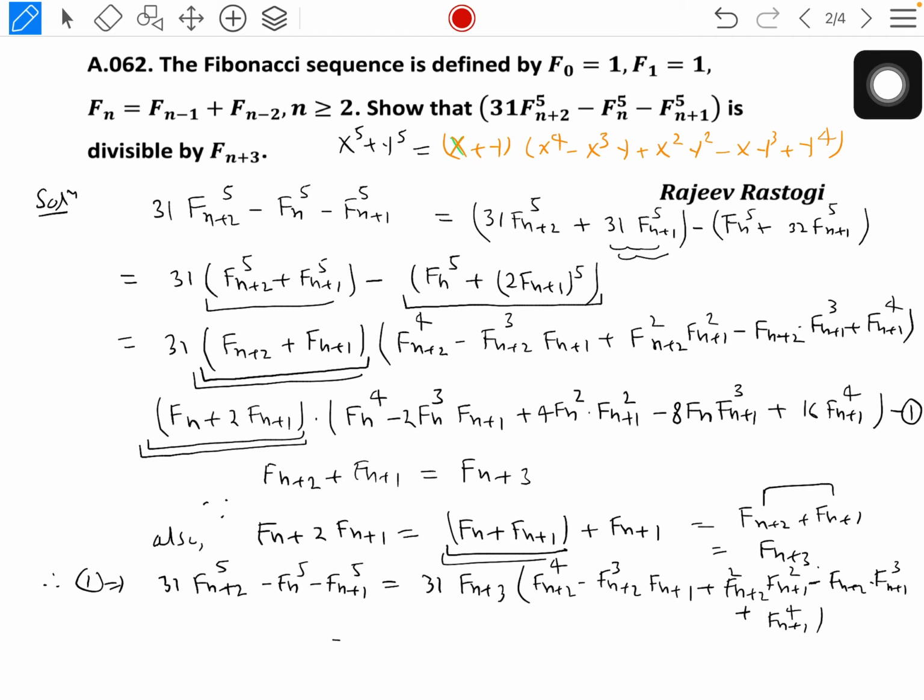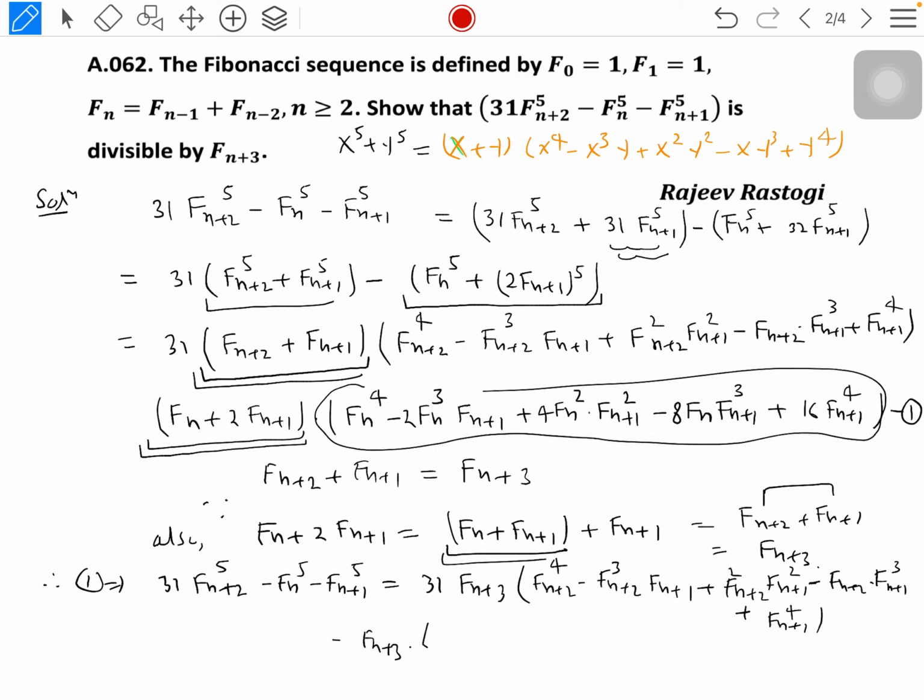And the second factor also becomes f(n+3) into this whole factor. We can copy paste this factor. This factor is as it is.